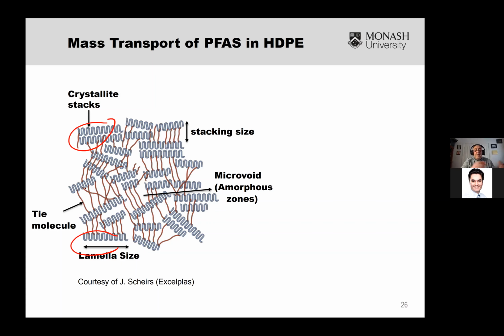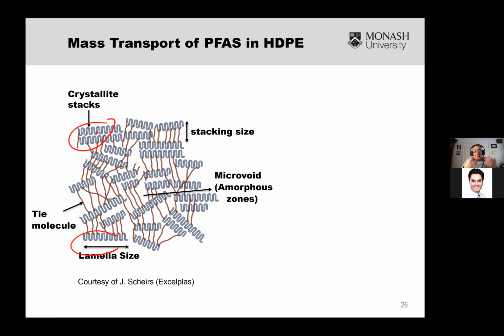We know that the crystalline zones act as impermeable barriers to the diffusion of contaminants, whereas the amorphous zones are more readily permeable, since the polymeric chains are relatively mobile and not as densely packed either.